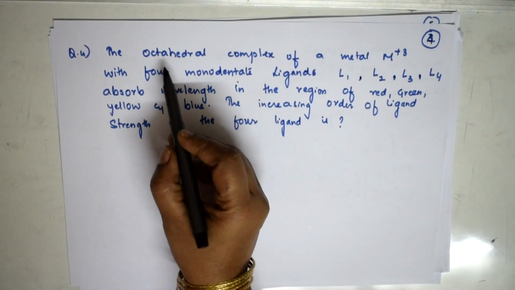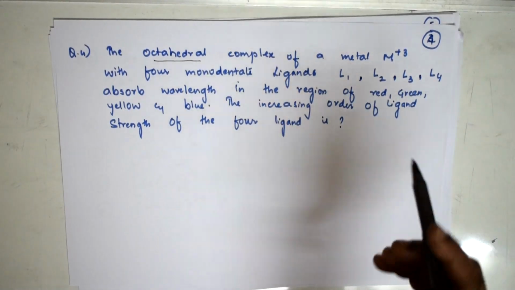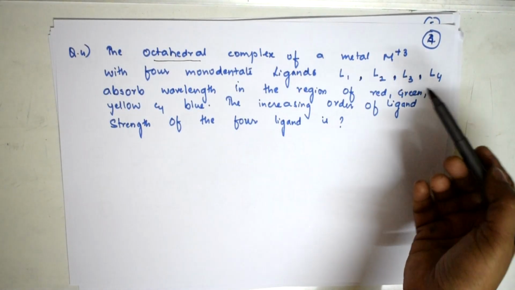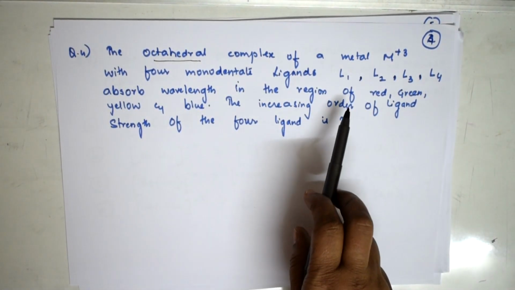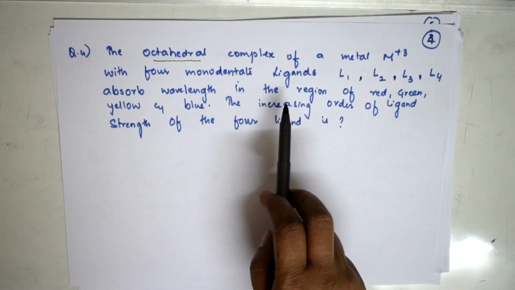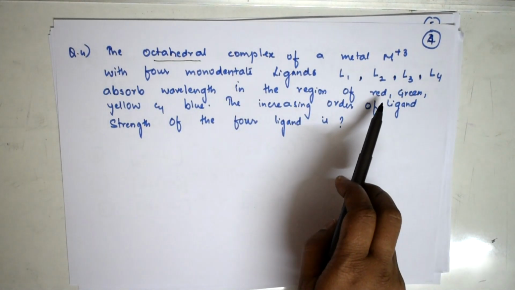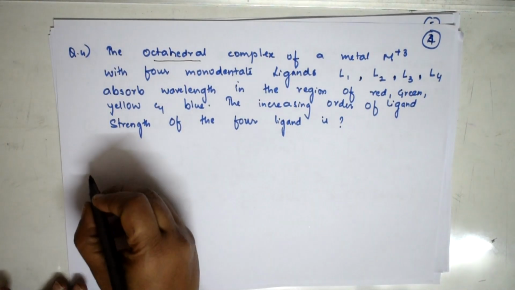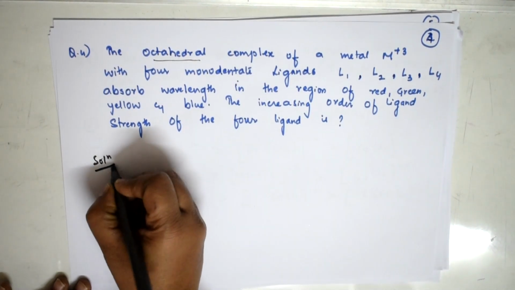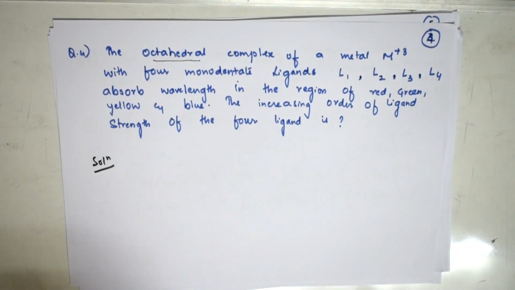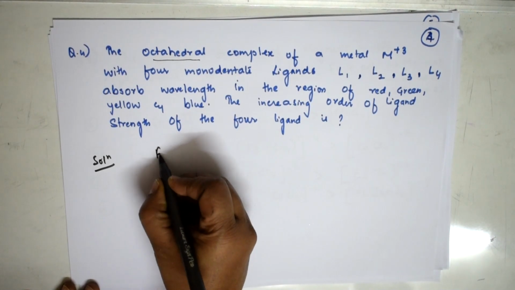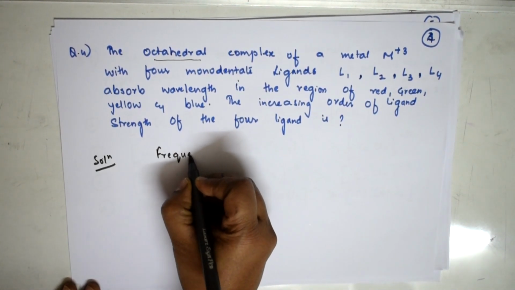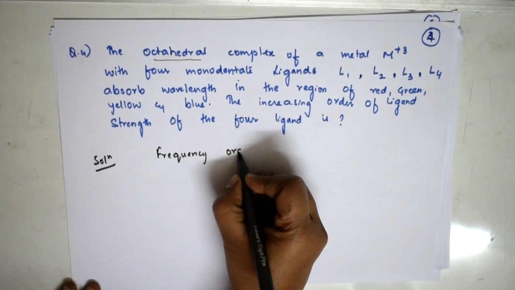First, I understand this is an octahedral complex. Then they said there are 4 ligands, that's also fine. But they have given me one clue here. They absorb the wavelength in the region of red, green, yellow and blue. This is the clue for me. So basically when I take the solution part, the thing which you should remember is the frequency order of given absorbed light.